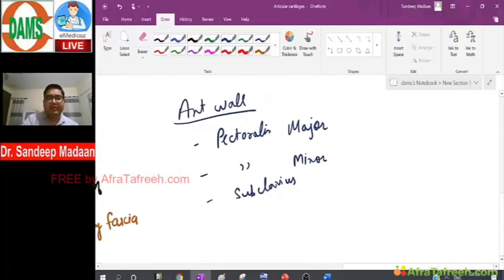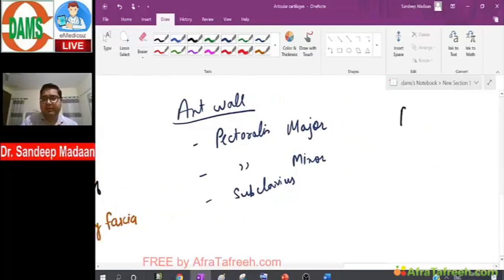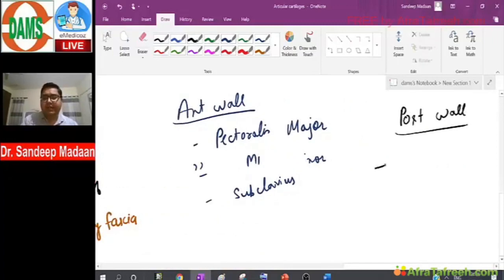Posterior wall is made by latissimus dorsi, teres major, and subscapularis.